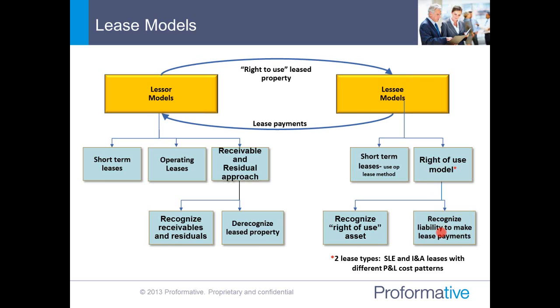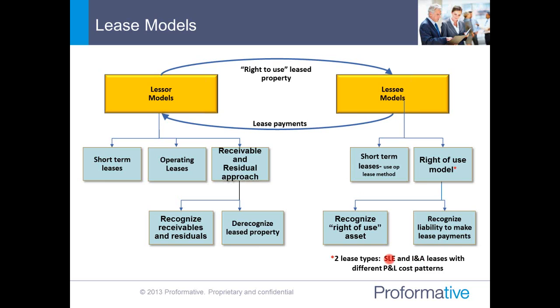Now, the boards have decided that there are two types of leases. They haven't really decided on a name yet, but during one of the iterations, they named them SLE leases, which stands for single lease expense leases, and I&A leases, which means leases that have an interest and amortization component.